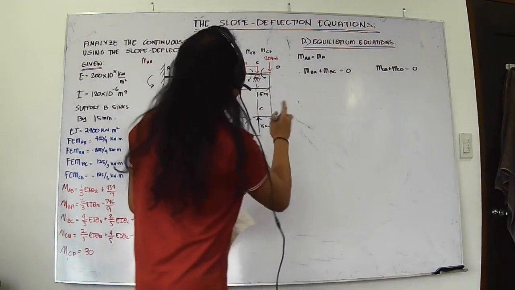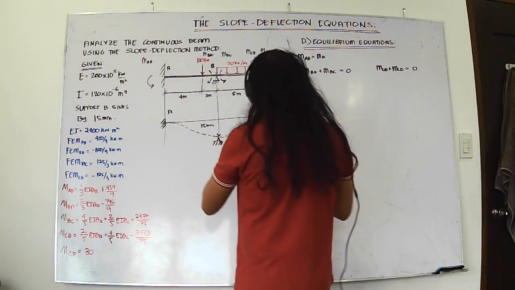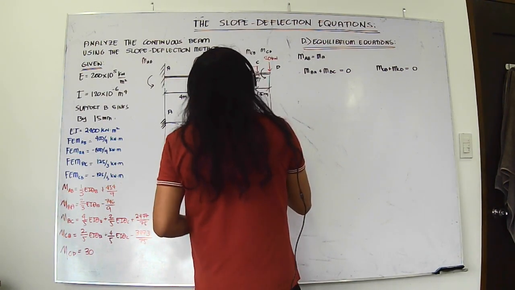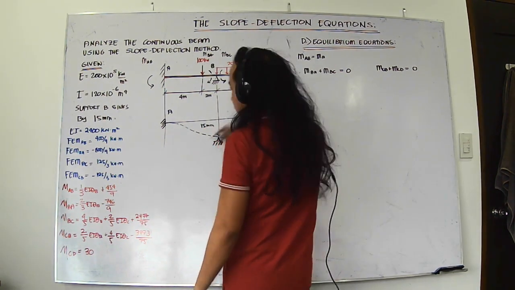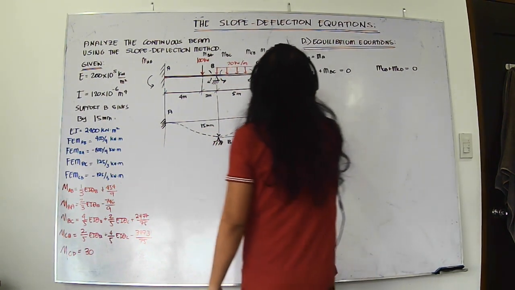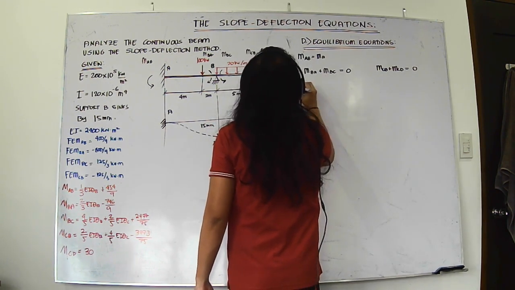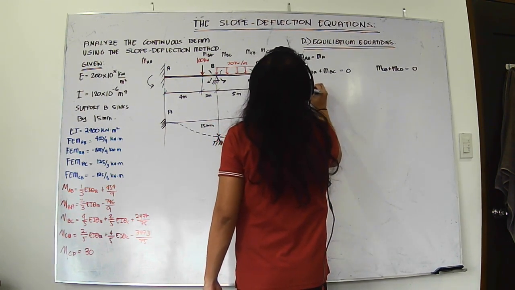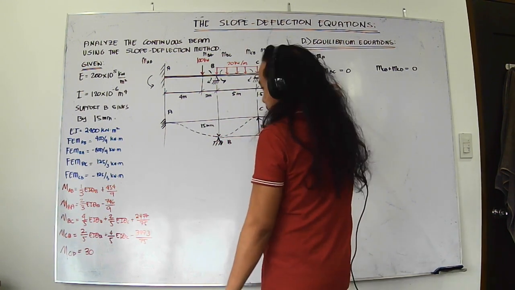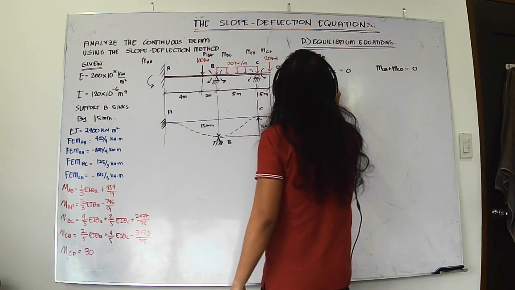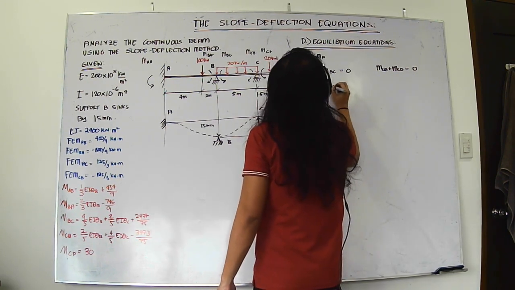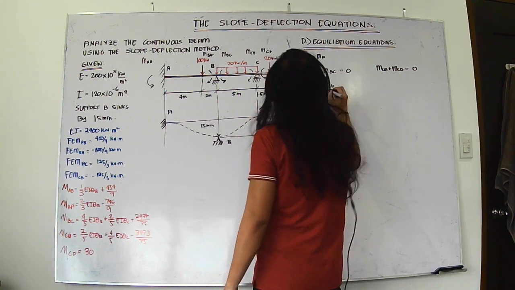But for now, consider MBA and MBC: MBA plus MBC. We already know that MBA is equal to 2/3 EI theta B minus 746 over 9.